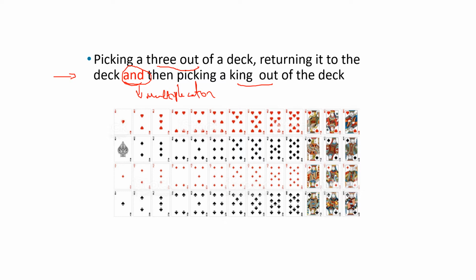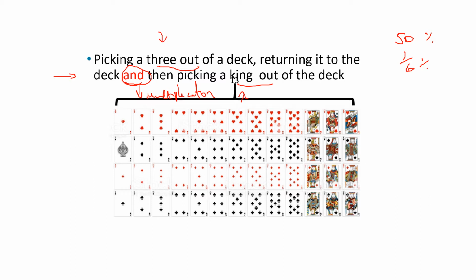So it looks complicated, but it's actually pretty easy. The first thing that you have to do, similar to the coins, in the coins you determine that you have 50-50 chances to get head and tail. In the dice you have 1/6 to get one of the numbers. Here you also have to calculate what are the chances of getting a 3 and getting a king.